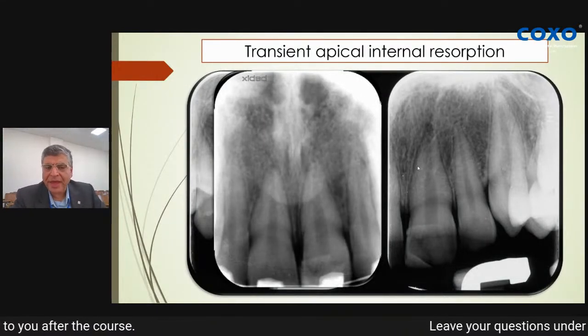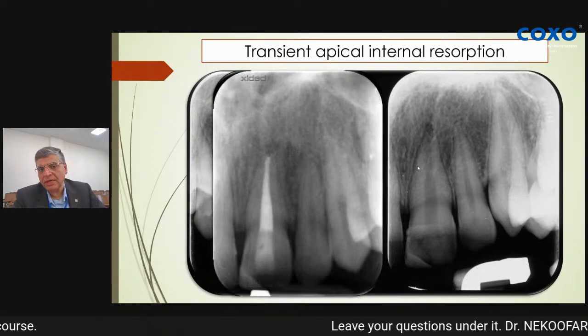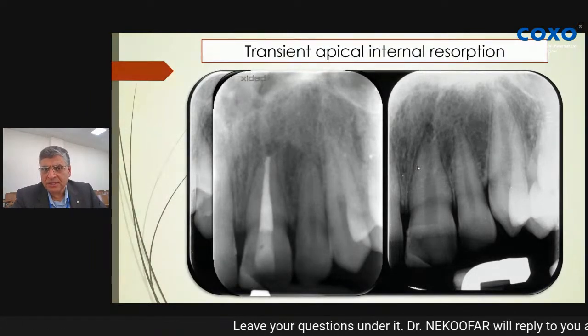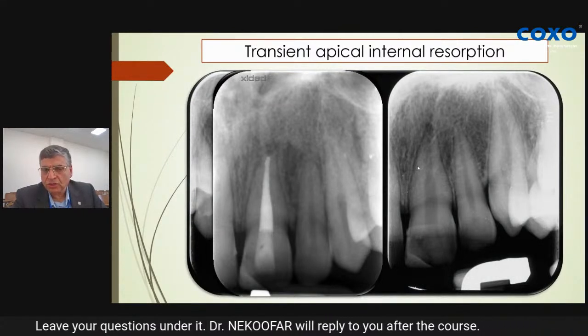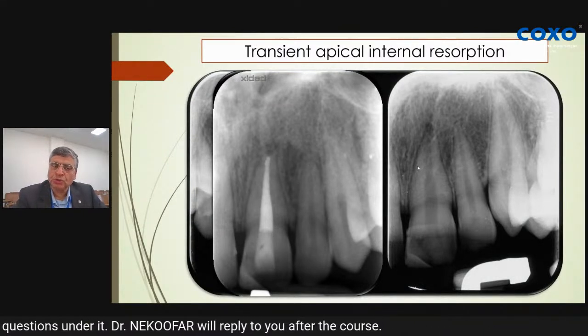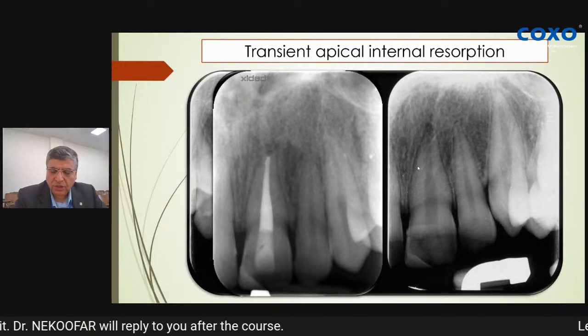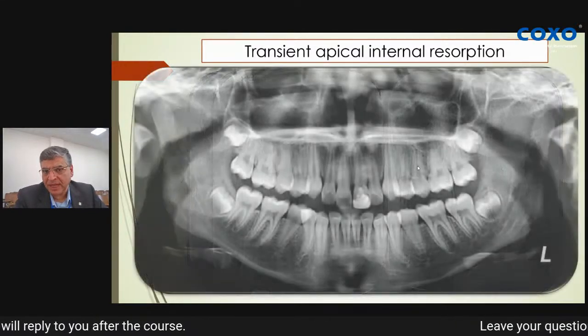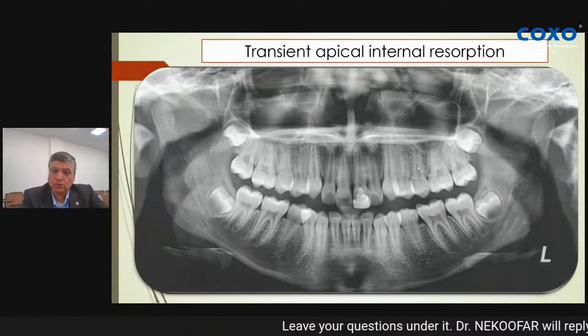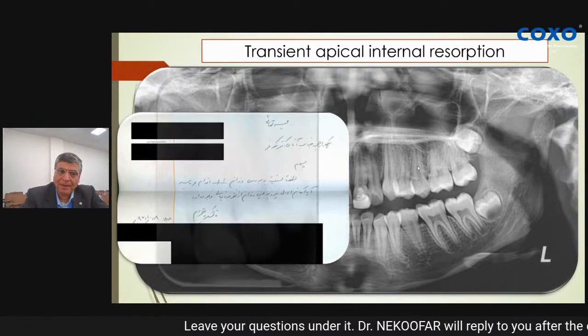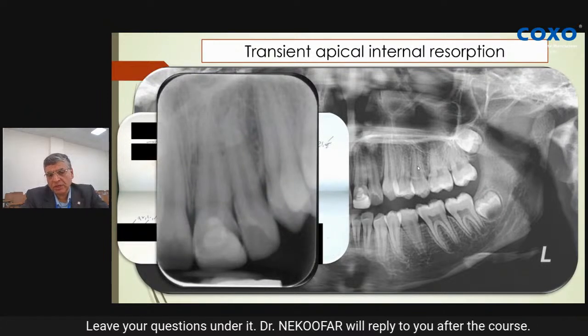When you keep an eye on that regularly, you may sometimes find out the tooth is not going to respond to electrical pulp test or other sensibility test, and then you may decide to intervene and do some sort of root canal treatment and get rid of the bacteria from the root canal system.